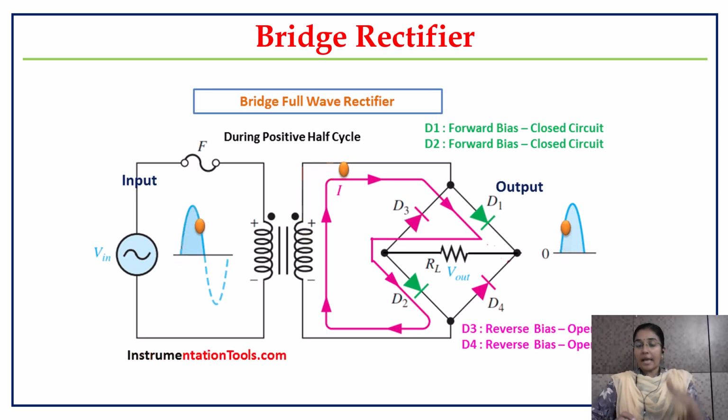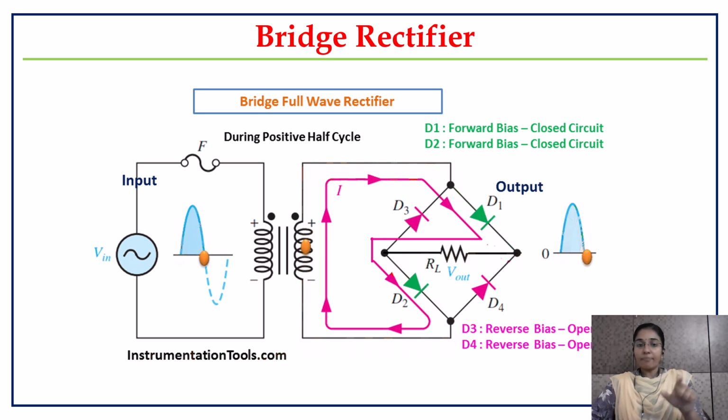As in our full wave rectifier, the transformer is optional when we are moving to this bridge rectifier. Since it is optional, this circuit diagram shows my input signal as well as the transformer. So when I am using my bridge rectifier, as I told you, one pair of diodes will be working for one portion of my signal.